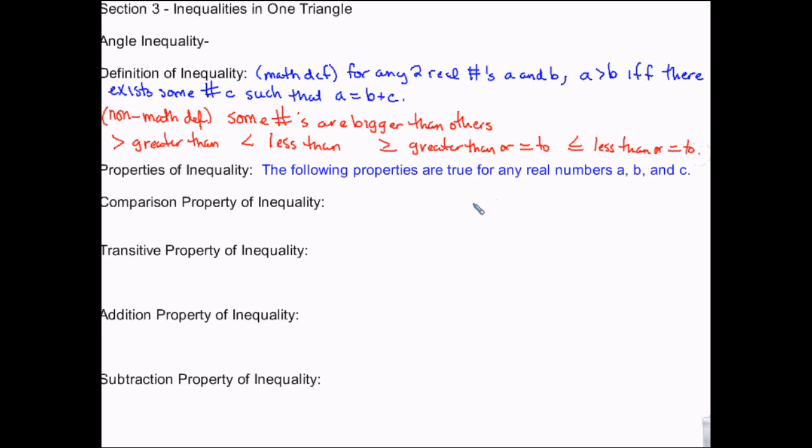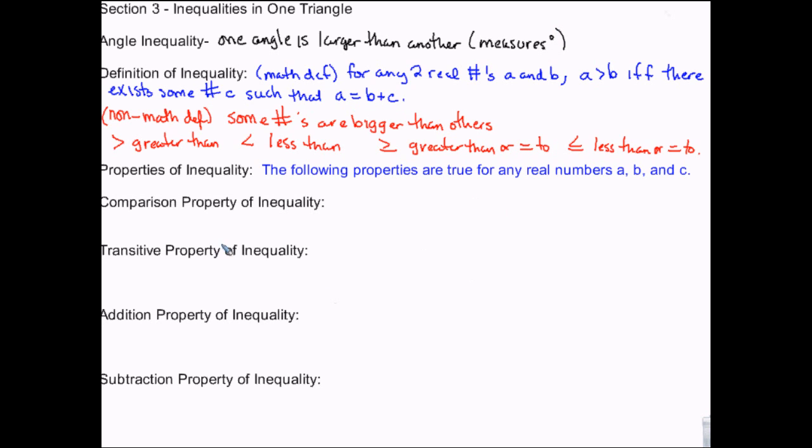Okay. When we're talking about angle inequality, what we're talking about is what occurs when one angle is larger than another. And that's their measures in degrees.